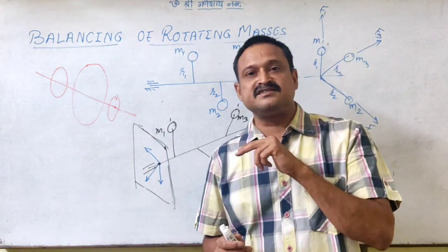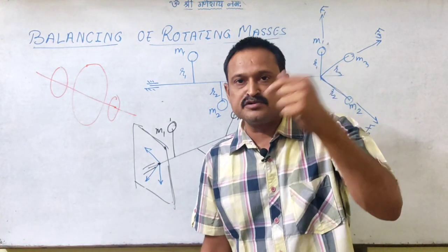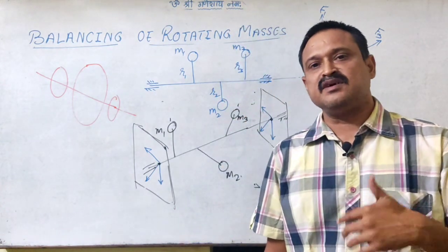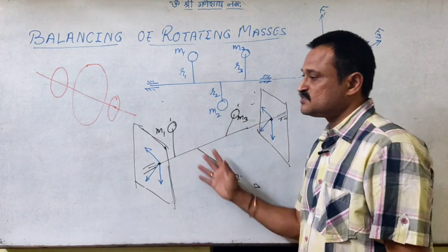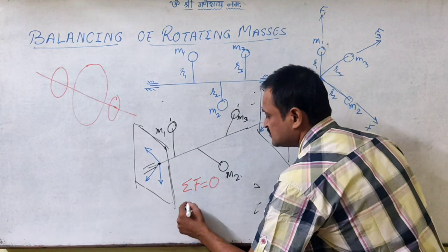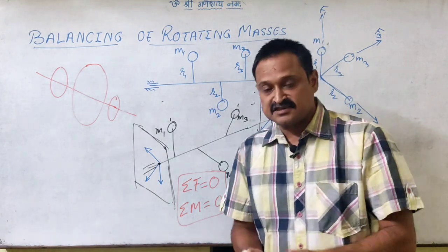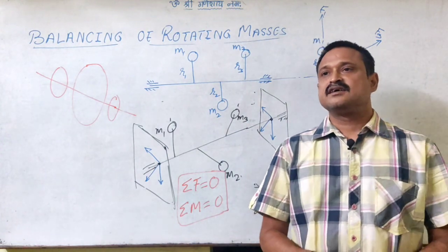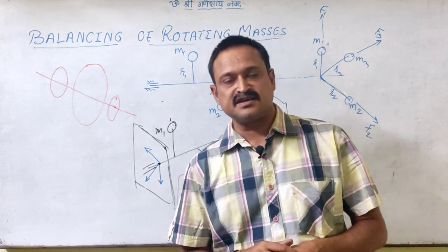We can find the resultant direction of the unbalanced force, and exactly opposite to this resultant unbalanced force will be the balancing force, as well as the moments due to all these forces. We will ensure that the summation of forces is 0 and the summation of moments is 0, so that the system gets balanced.